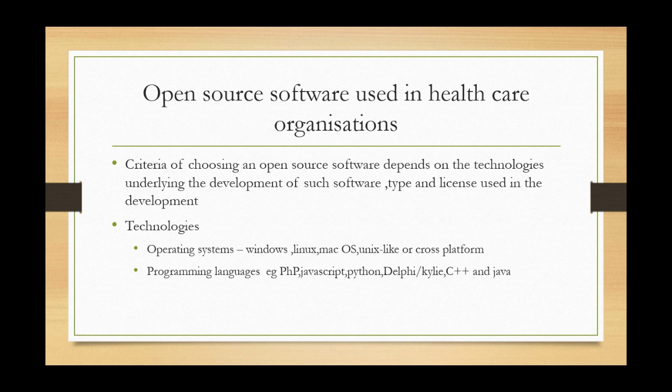Speaking of open source technologies, we have operating systems, which can be Windows, Linux, Mac OS, Unix-like, or cross-platform operating systems. But there are also a number of programming languages that can be used in developing open source software.